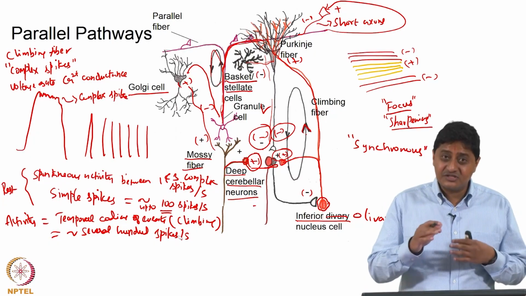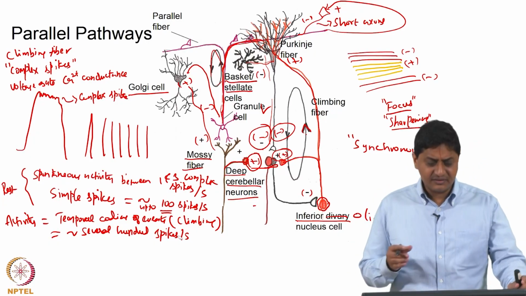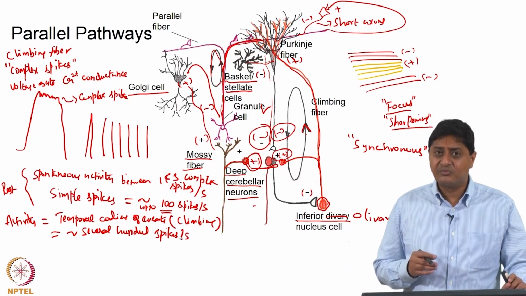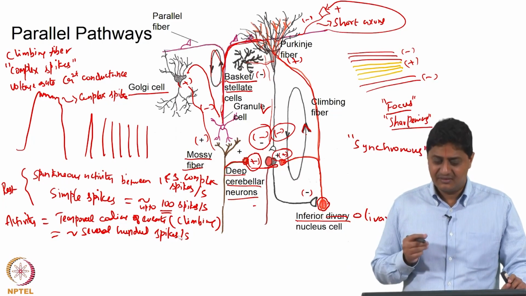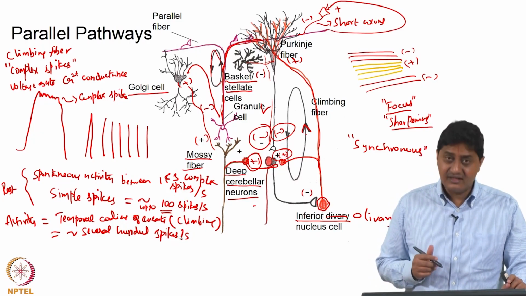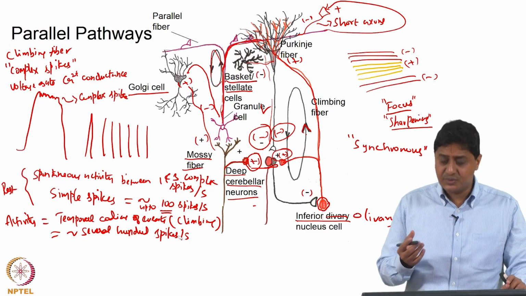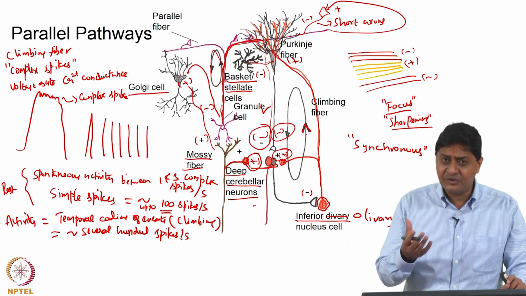So, one is a start-stop switch: the climbing fiber acts more like an event signal, or presence or absence of an event, whereas the mossy system encodes the actual amplitude of the event.